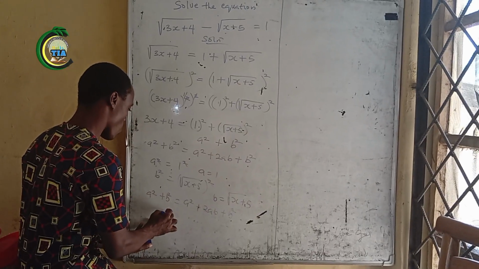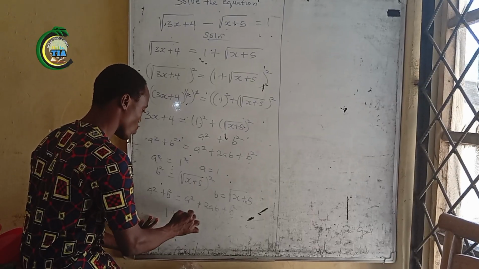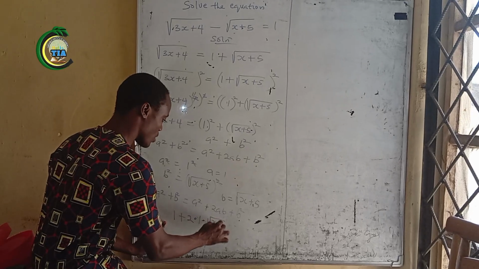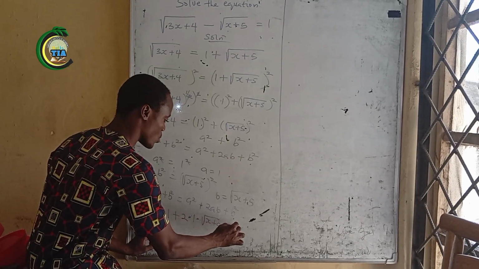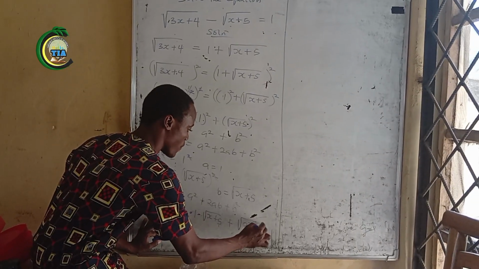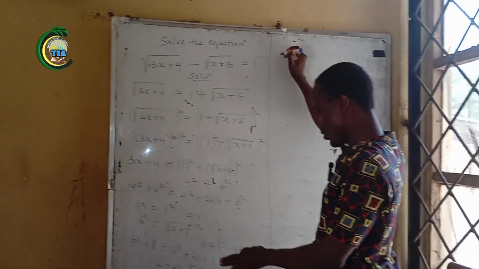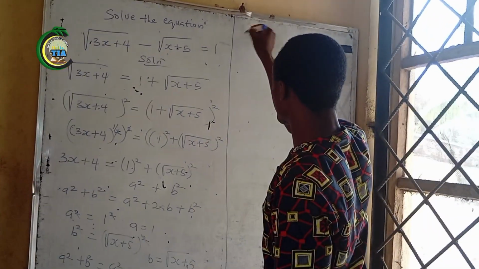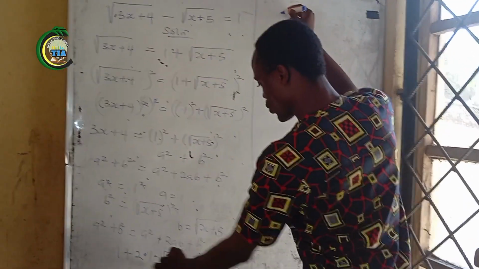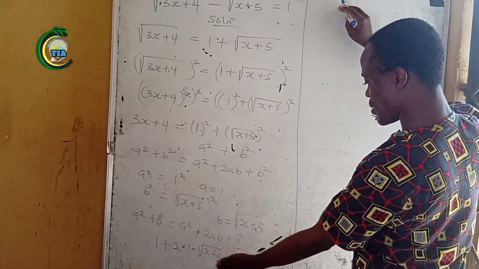So we now have 1 plus, because 1 square is 1, plus 2 times 1 times root x plus 5, plus root x plus 5 all squared. So this one will give us 1 plus 2 times 1 is 2, so 2 times this. Let's continue. We have 1 plus 2 root this.